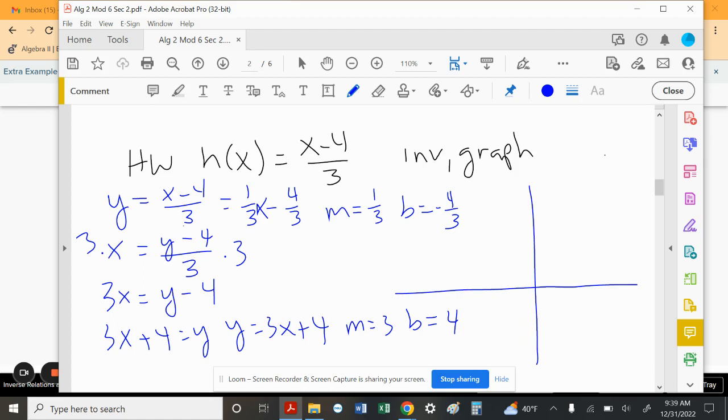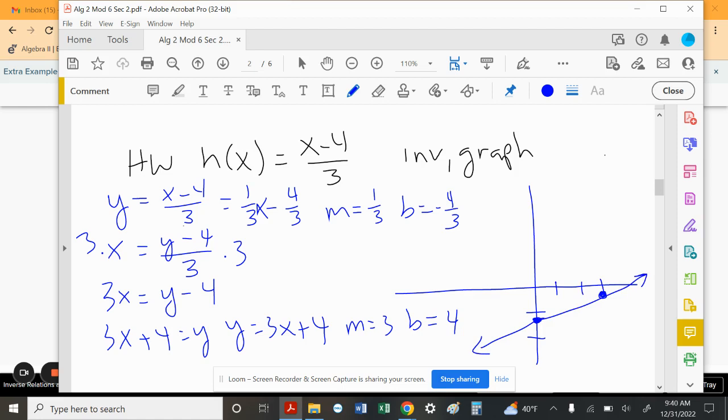My b value is negative 4/3, so I'm going to go down 1. So I'm going to go to right here. That's about negative 4/3. The 1/3 tells me I'm going to go up 1 and over 3: 1, 2, 3. So I'm going to go right to about right here. So my first equation is going to look something like that.